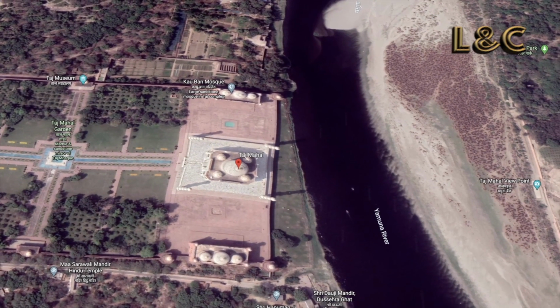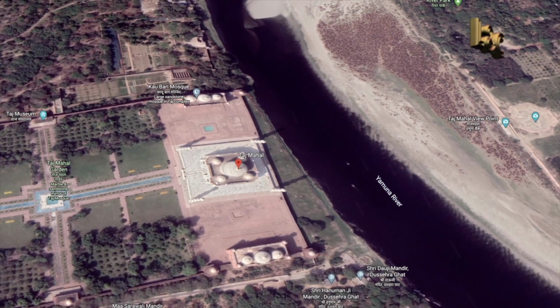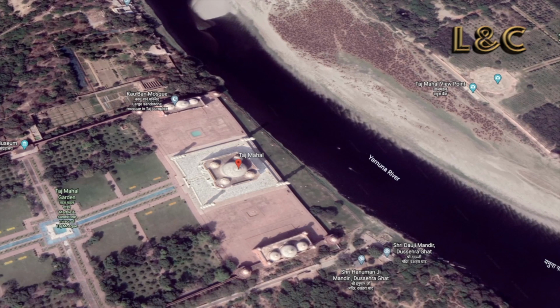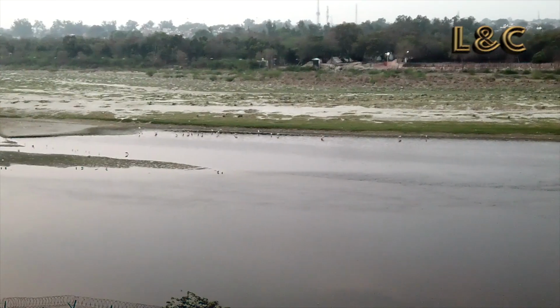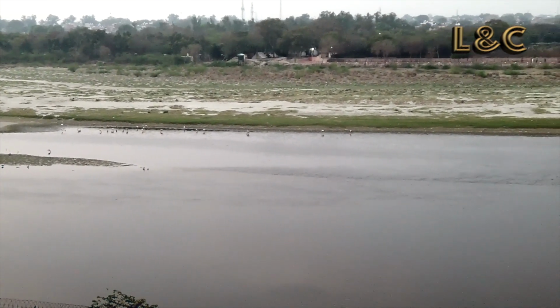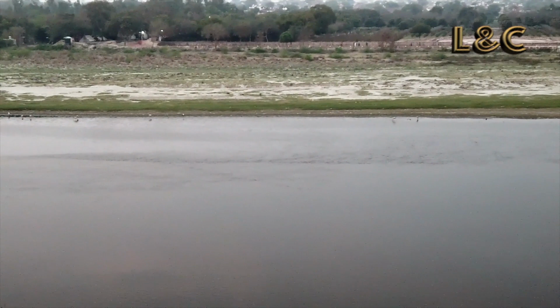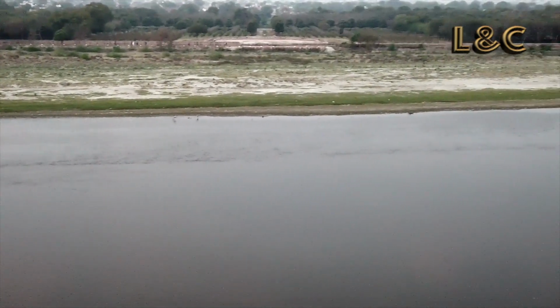Another long-standing myth surrounding the Taj Mahal is that Shah Jahan planned a mausoleum to be built in black marble as a black Taj Mahal across the Yamuna river. The idea originates from fanciful writings of Jean-Baptiste Tavernier, a European traveler who visited Agra in 1665.